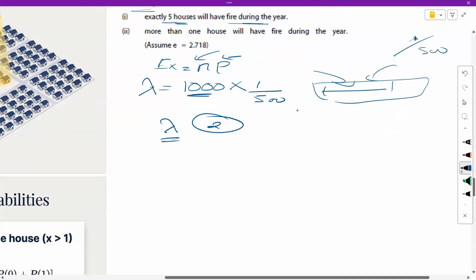Now we apply the Poisson distribution for exactly 5 houses.